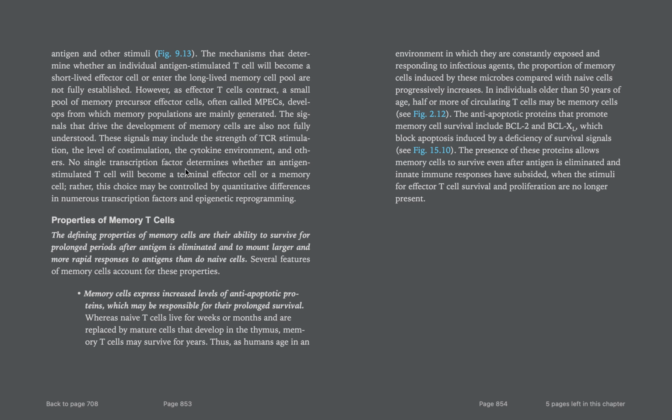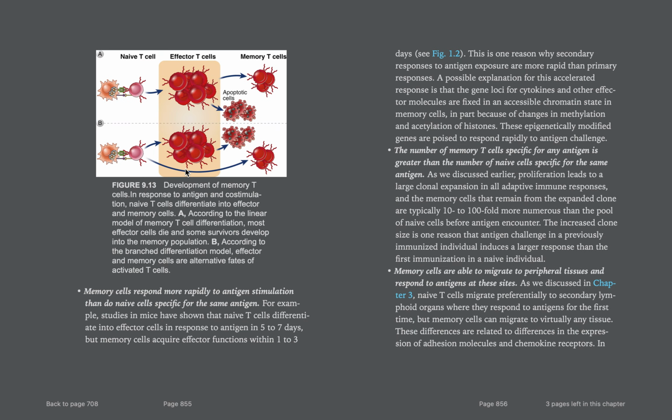The anti-apoptotic proteins that promote memory cell survival include BCL2 and BCLXL, which block apoptosis induced by deficiency of survival signals. The presence of these proteins allows memory cells to survive even after antigen is eliminated and innate immune responses have subsided, when the stimuli for effector T cell survival and proliferation are no longer present.